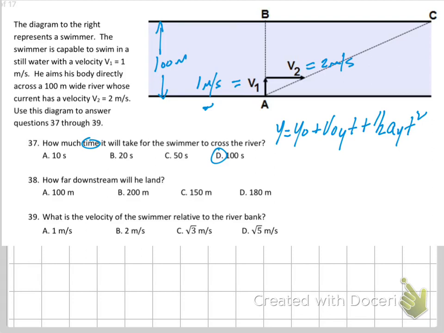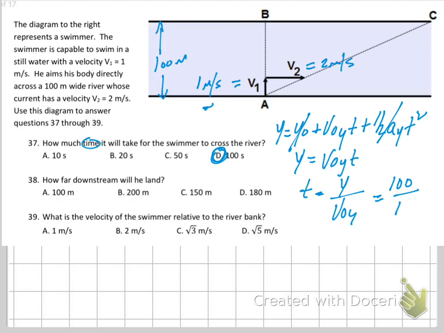We start at a position of 0, and there is no acceleration in the y direction. So we have y equals v naught y t, or time is equal to y over v naught y. The y distance is 100 meters and our velocity in the y direction is 1, so we come up with the same solution, 100 seconds.